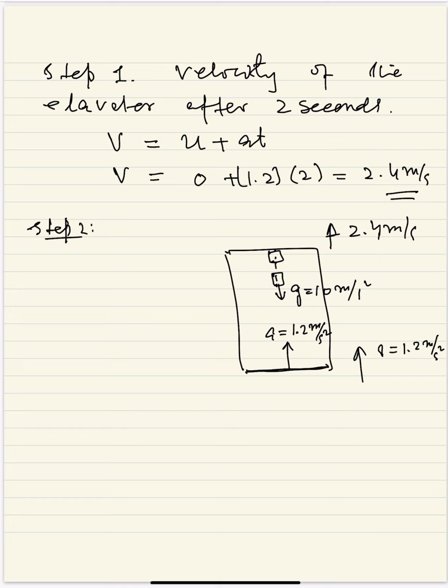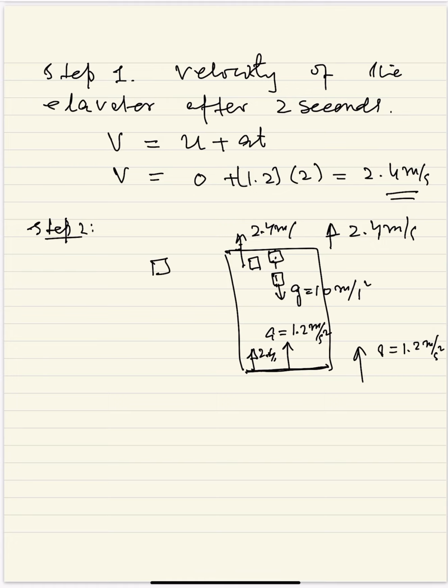When this bolt detaches, what's the velocity of this point and this point? Of course, what's the velocity of the bolt when it just detaches? That is 2.4 meter per second. What's the base velocity at that time? That's also 2.4 meter per second. I will show it here.